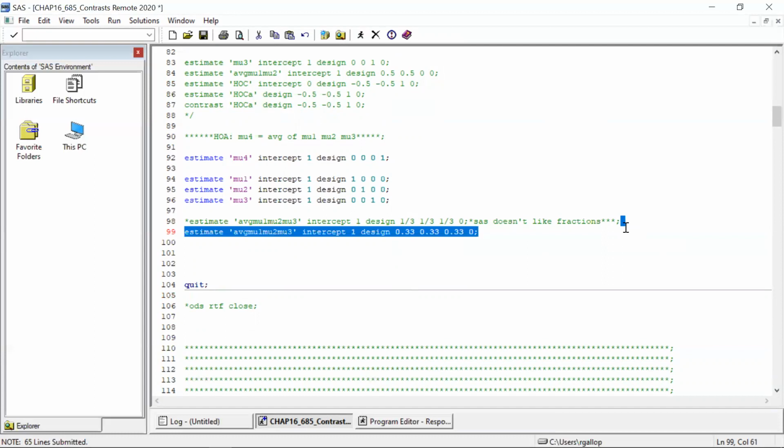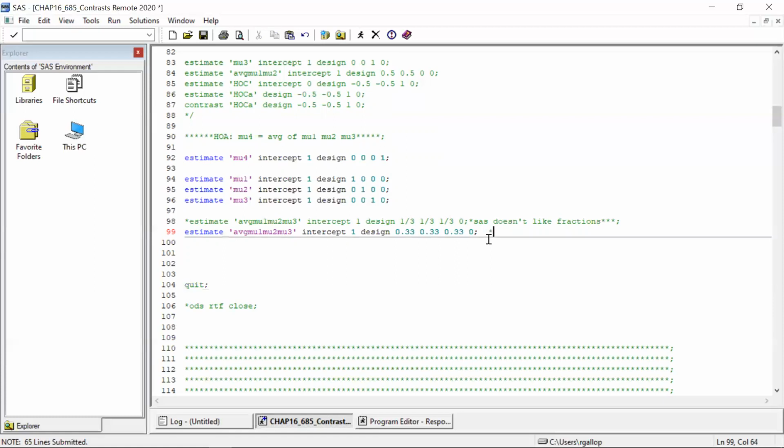So this statement's not estimable. And the question is, why is it not estimable? Remember we said for an estimate statement to be estimable, to be correct, the sum of the terms following each variable have got to sum to the same value. The intercept sums to 1, right? These guys here don't sum to 1. They sum to 0.99. So it's kind of like, okay, that was me being dumb.